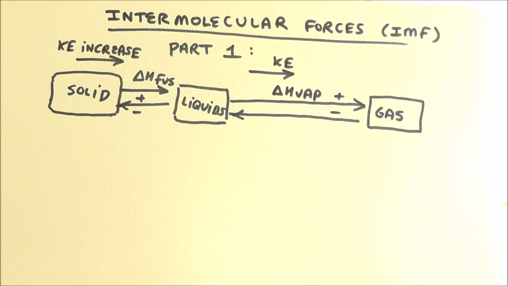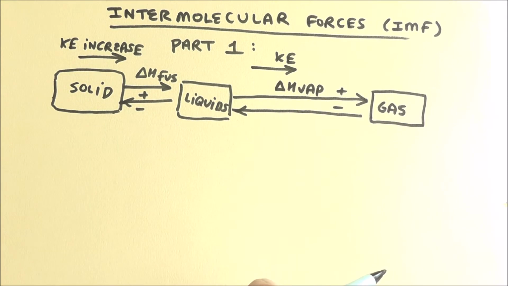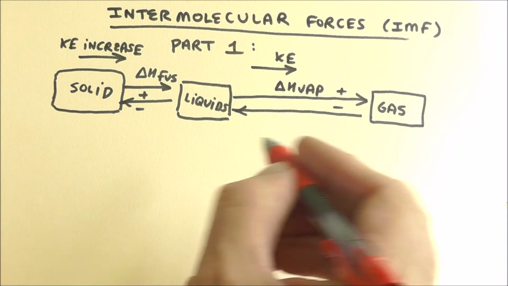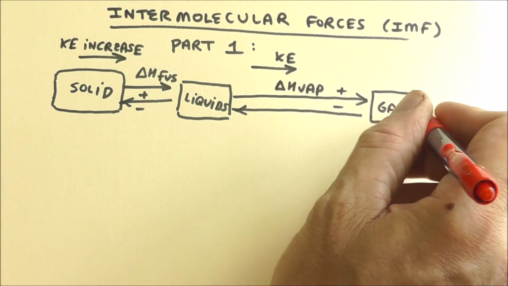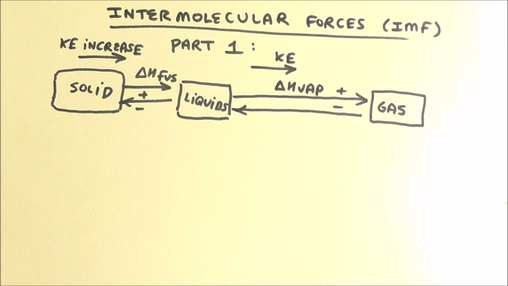But what happens is if you increase kinetic energy, you will have the ability to defeat the intermolecular forces. So that's kind of a thing holding them in the state where they're attracted to each other, but at the gas state, the molecules are moving around relatively independent of each other.